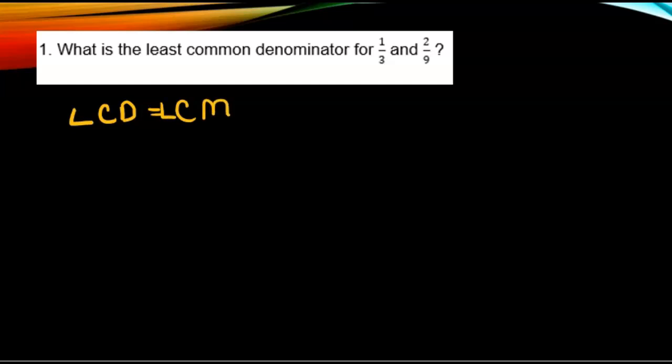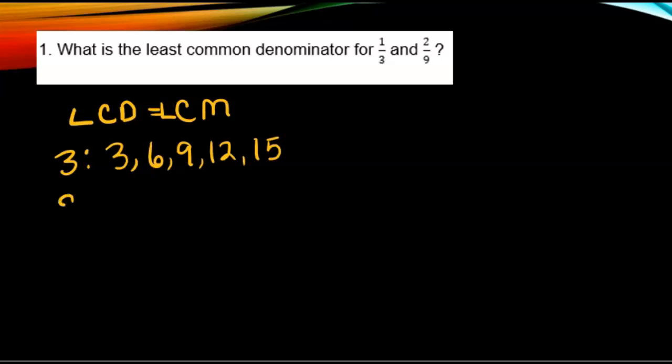So let's list the multiples of 3. We start with 3, then we count by 3: 6, 9, 12, 15. I don't think we have to go any farther.